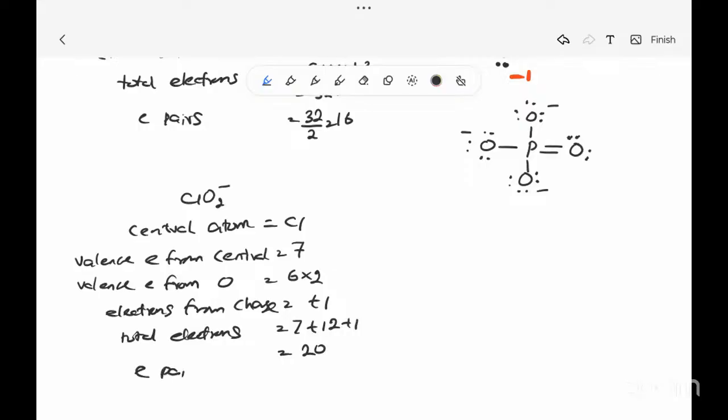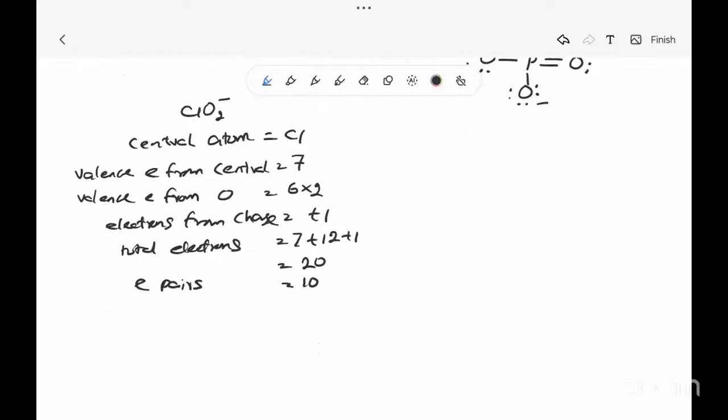Electron pairs, 10. Then placing the elements like this, ClO2, then the bond pairs like this. Bond pairs are already up. Then other electrons, 1, 2, 3, 4, 5, 6, 7, 8, 9.